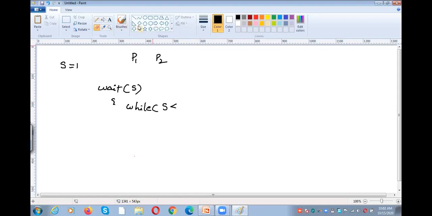If it is, then the process cannot do anything. If it is not, then it can decrement the semaphore value by 1. After coming out of the critical section, the process has to perform the signal operation on S, that means S plus plus.